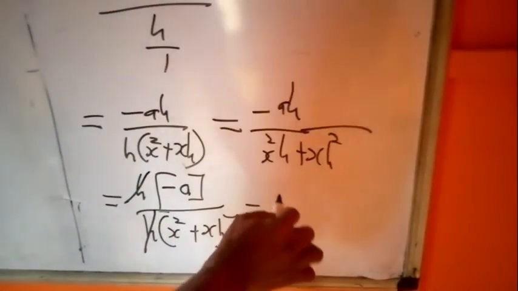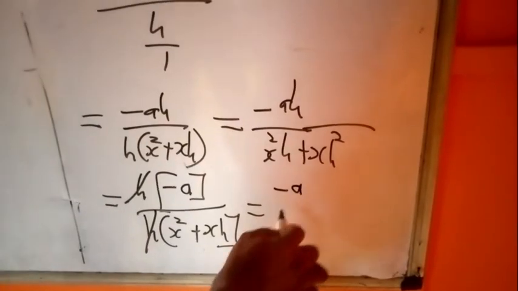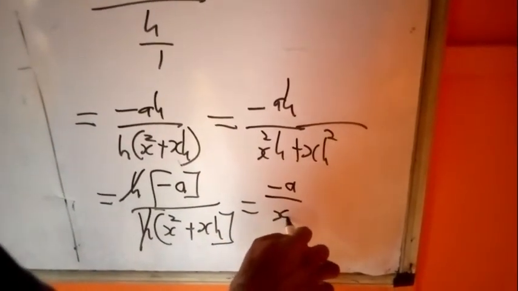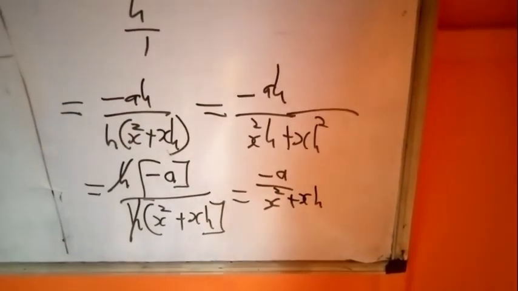I'm going to have minus a over x squared plus xh.